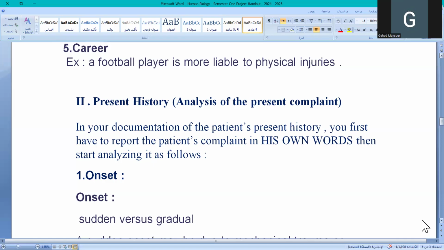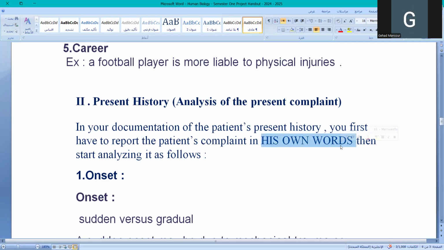What urged the patient to come to the clinic? This is the present complaint. And as we have said several times, the present complaint should be described in the patient's own words, even if these words are not scientific. And this is the only part of the medical sheet that will be written in the patient's own words.